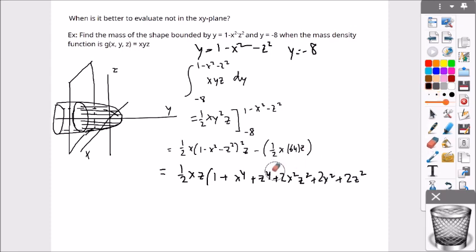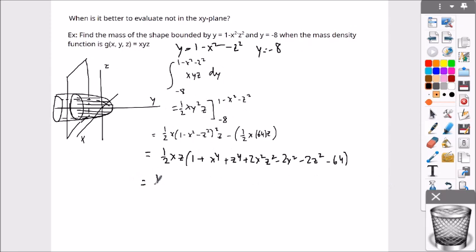And I actually need to fix some of my signs because some of them are wrong. These are all right. X squared z squared should have that sign, but x squared and z squared should be negative. And then it's just 64 at the end. So minus 64.